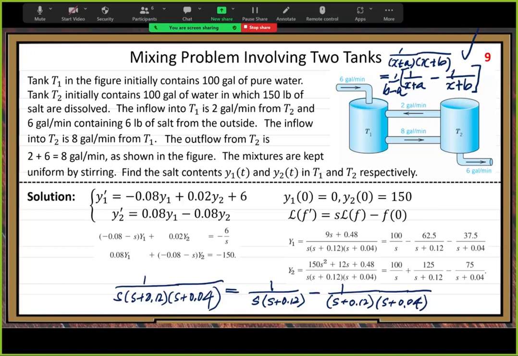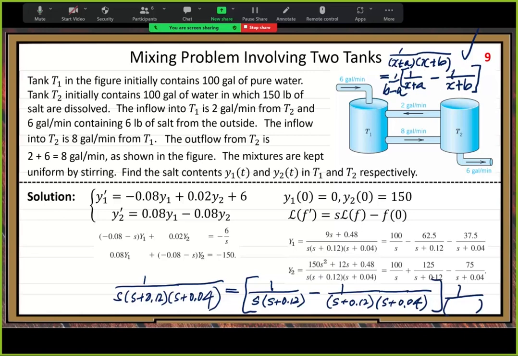Not balanced, so let us multiply by an appropriate constant to make it balanced. Can you see what special constant we should multiply? A constant, no S. What constant do we put at this place to make it balanced? What's the common denominator?